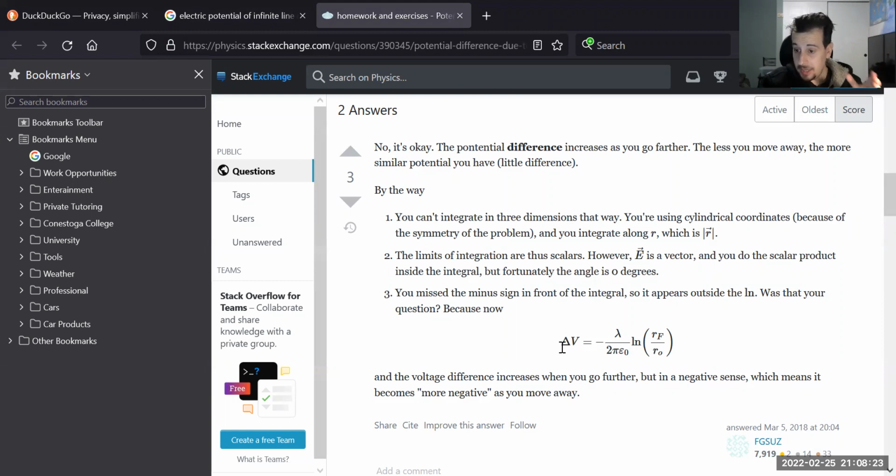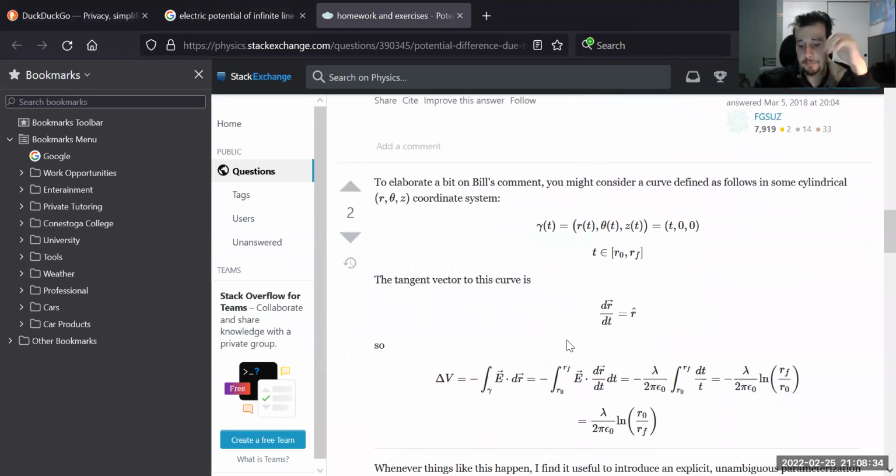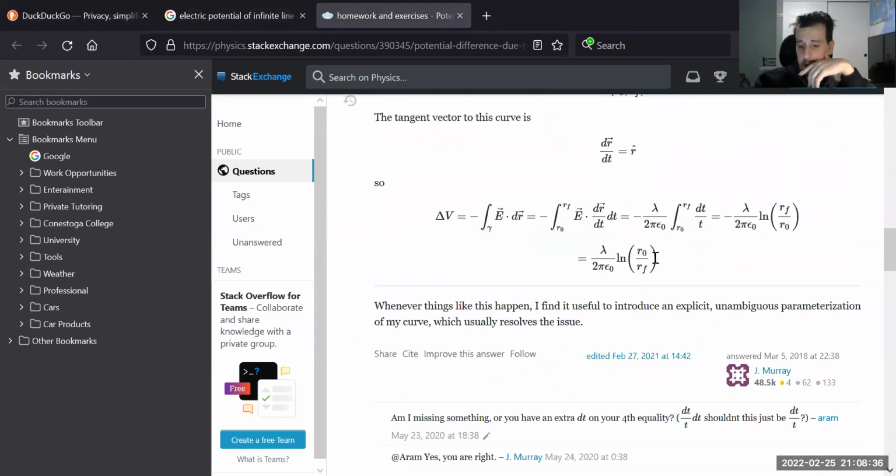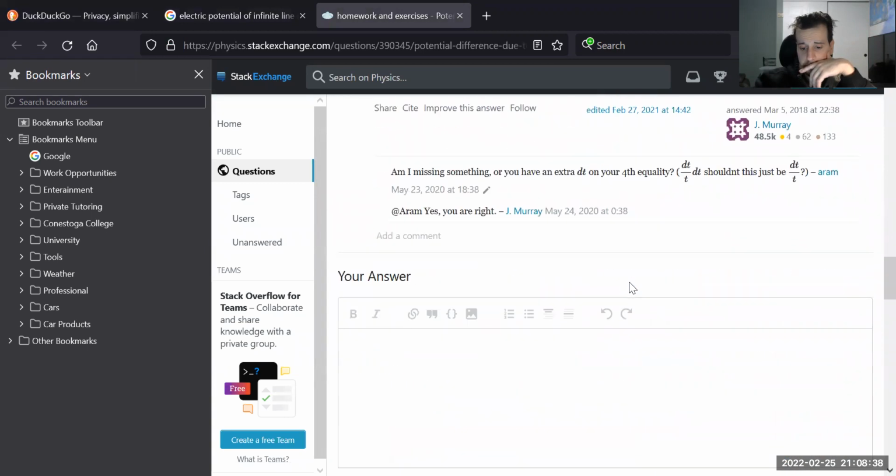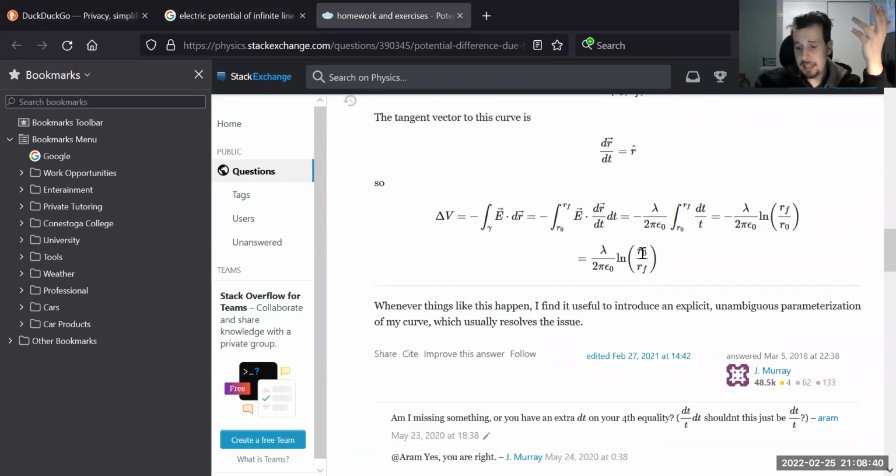That delta V, though, is the potential difference of where you want to find it versus your reference. That's what this is hiding under it. But they've quietly written it as delta V. Okay? So again, you can see it here. That's the form. And you can't get rid of this guy.